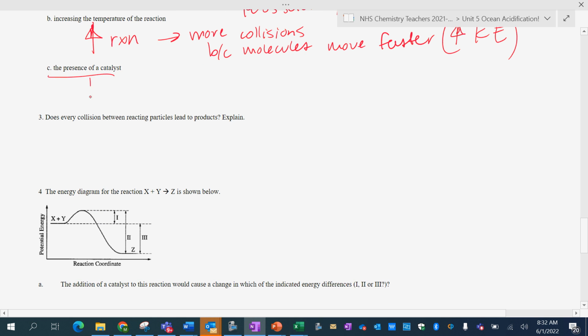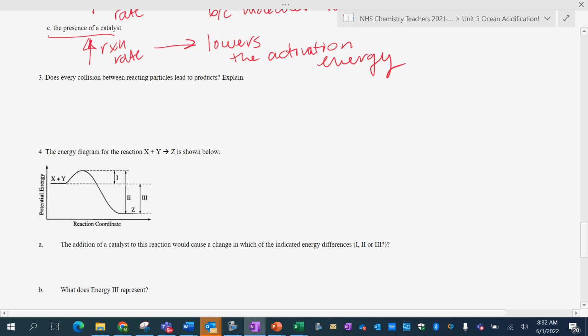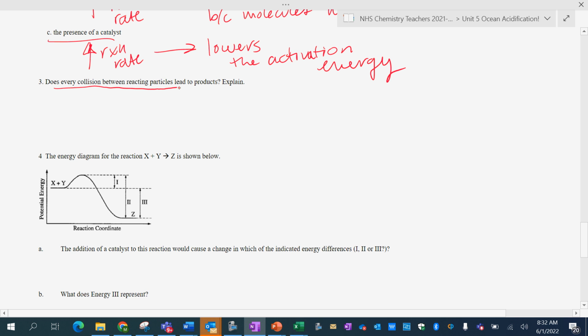The presence of a catalyst is also going to speed up the reaction rate, and the reason why is because it lowers the activation energy, making it easier for the reaction to proceed. Does every collision between reacting particles lead to products?